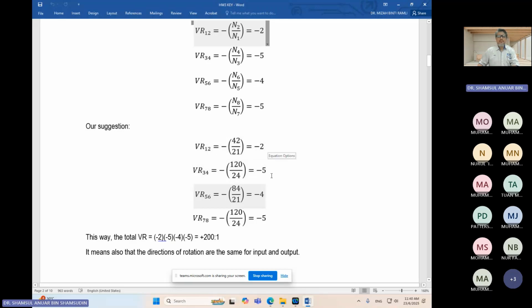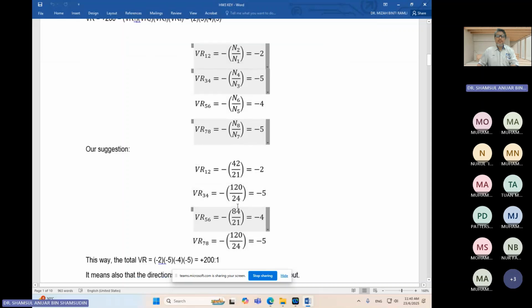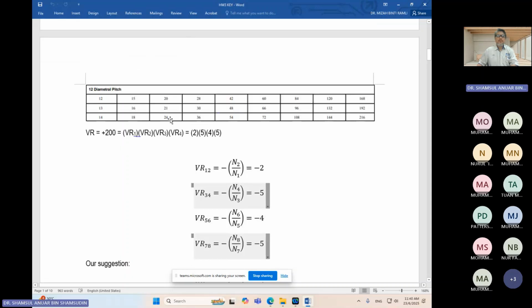So that's the smallest pair I can get to get a 2. Okay, and then to get a 5, I choose 120 and 24. 120 is the maximum; we have more than that. So 120 is available, and 24 is also available.